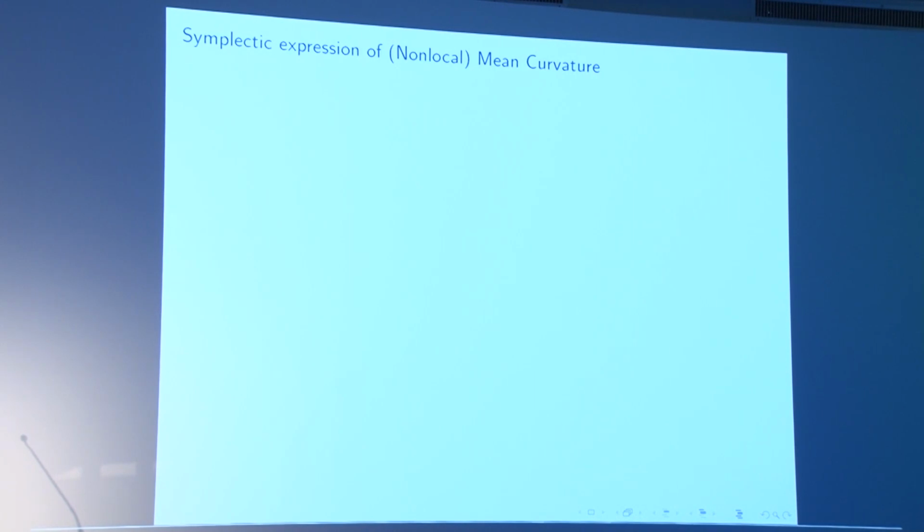As a simplistic expression, I call it simplistic. I don't know if this is normal or not, but sometimes if I have anything, I always try to find a simpler way to write it down or to understand it. To do that, I consider a sign indicator function. It's a function that takes -1 when I'm inside the set and 1 when I'm outside the set.